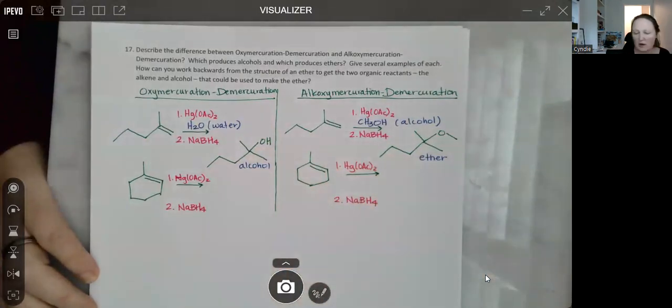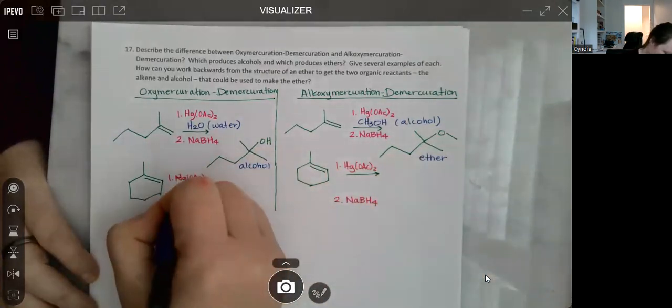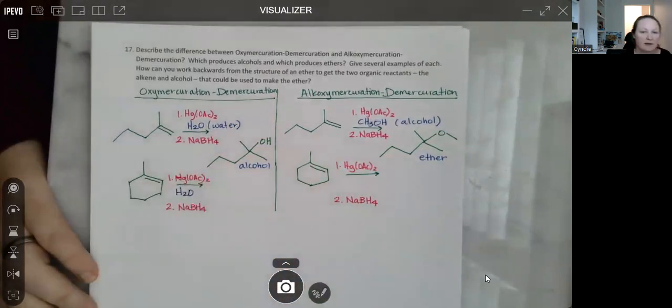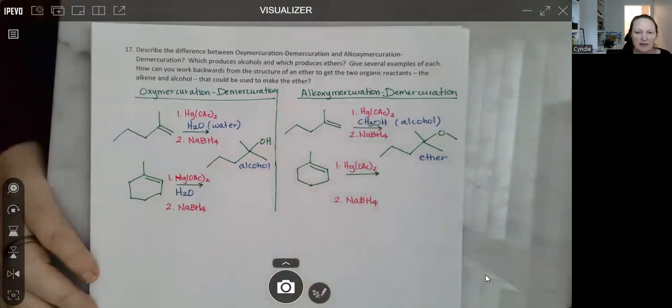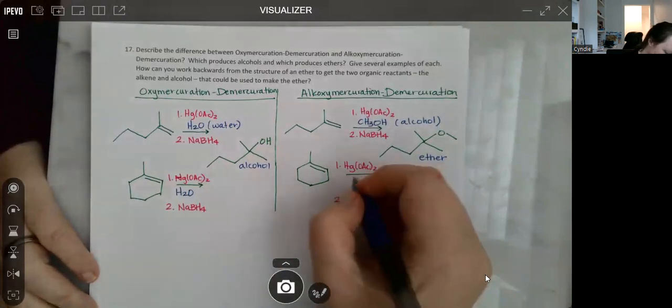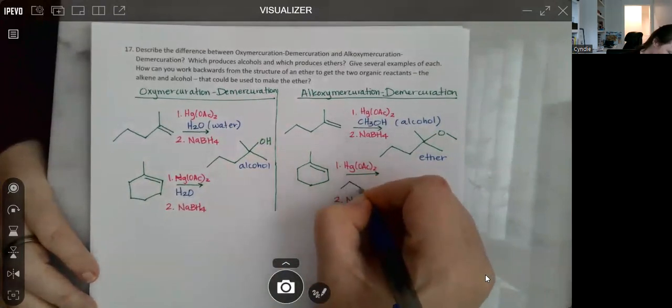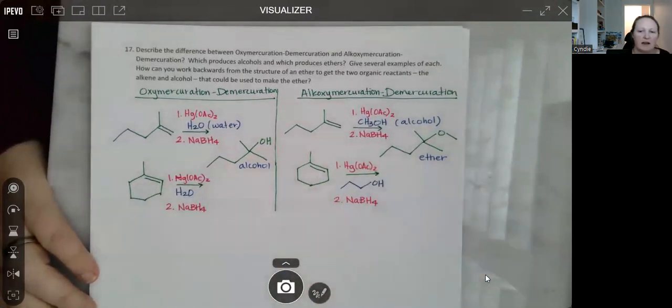We always use water for the oxymercuration, but we can use a variety of alcohols, not just methanol, for the alkoxymercuration. So I'll use maybe a different one in this case here. So let's draw in the product.